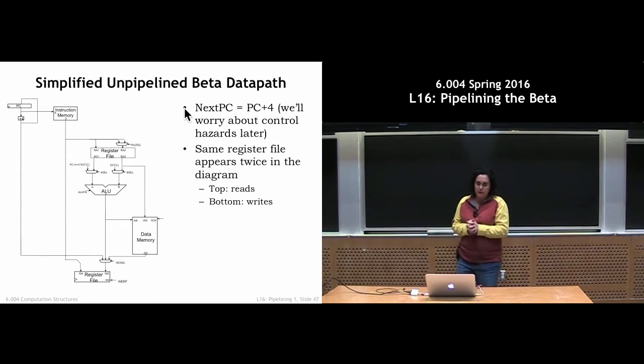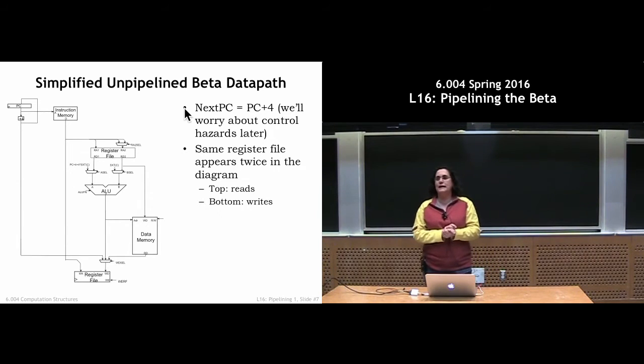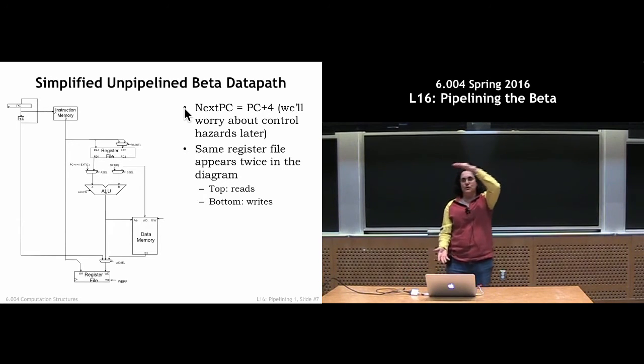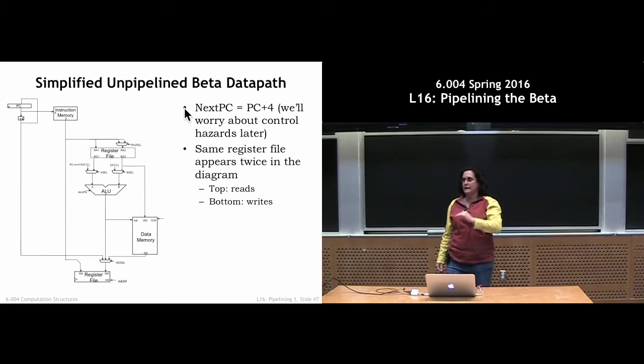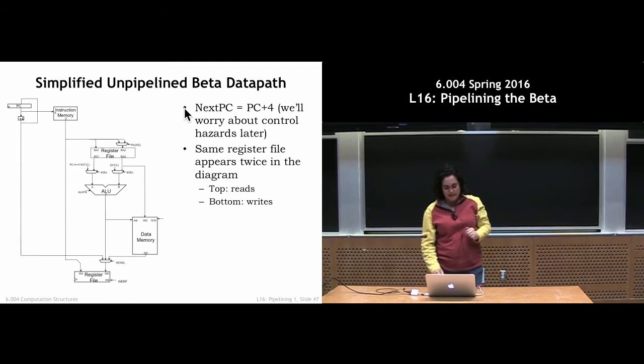Okay, so what we have here is we've redrawn our unpipelined beta data path. And the main thing that we've done to it is that we've stretched it out so that you can see the individual stages of your pipeline, showing how the data is traversing down through these stages.